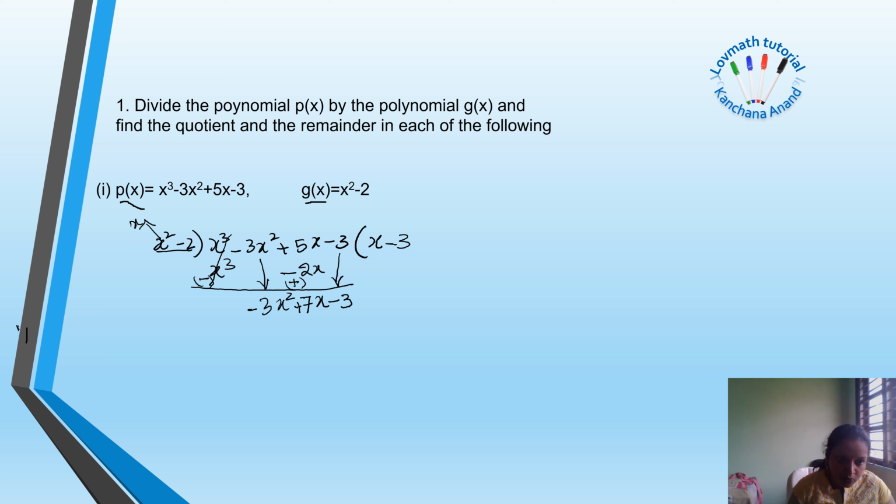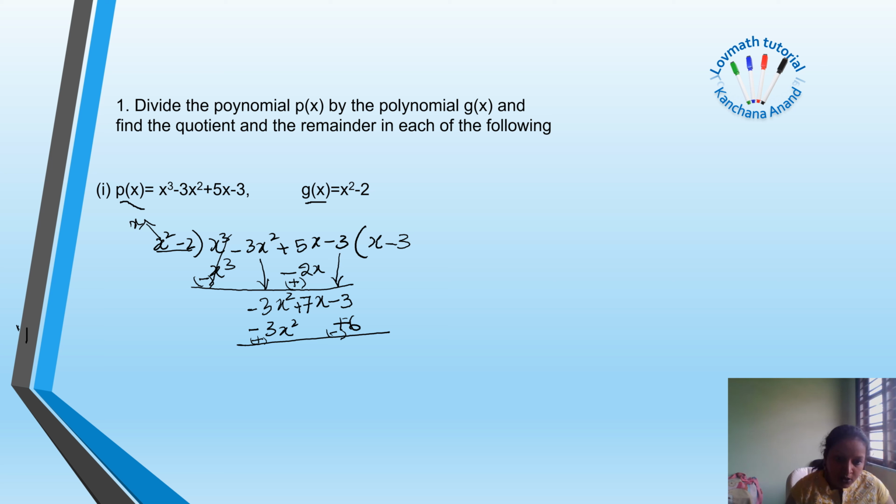minus 3 into x square is minus 3x square, minus 2 into minus 3 is plus 6. Now let us subtract this. Minus 3x square becomes plus 3x square and this plus 6 becomes minus 6.